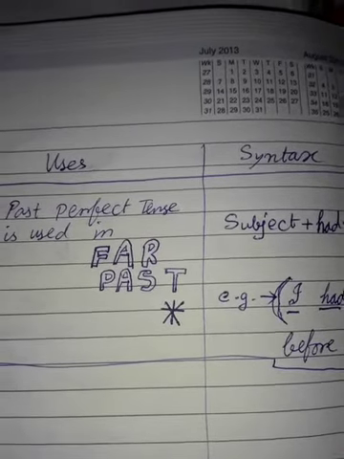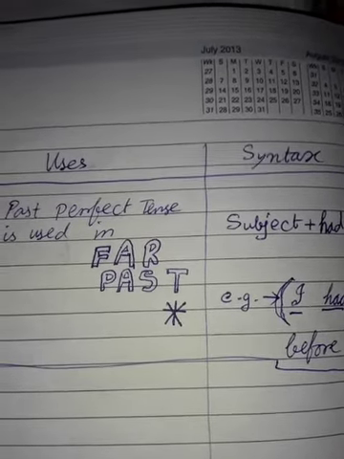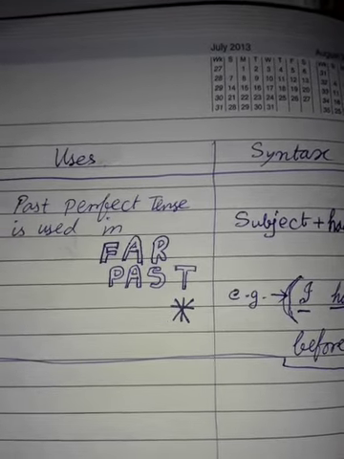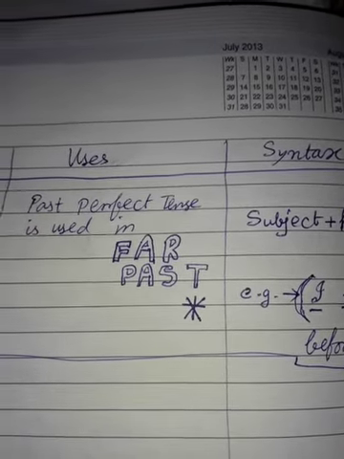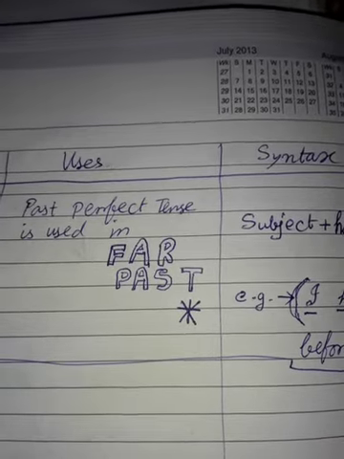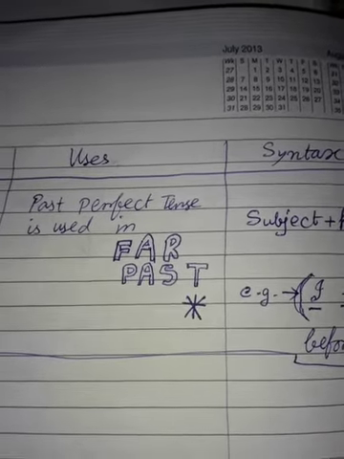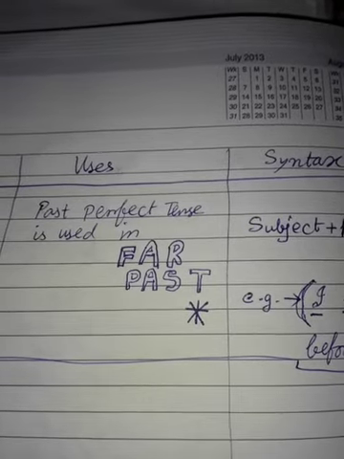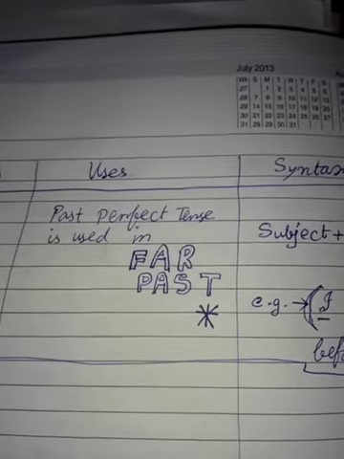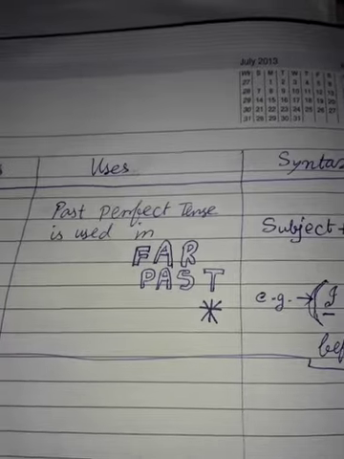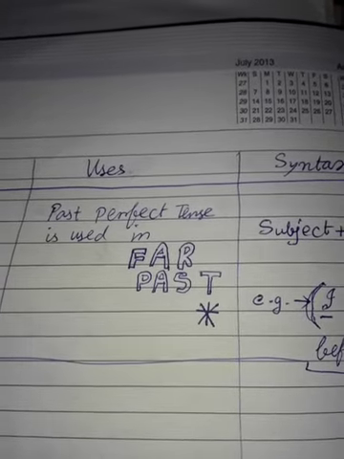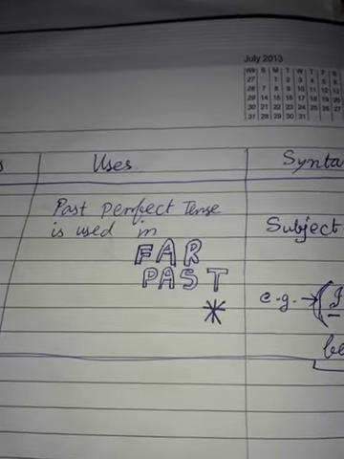I am telling you again, the event happening in near past is simply written in simple past, whereas the event that had happened earlier, in the far past, is written in past perfect tense.